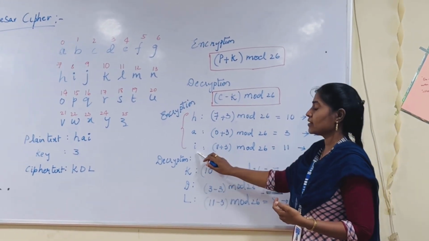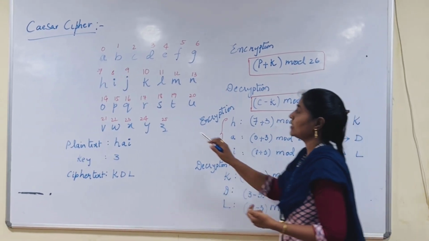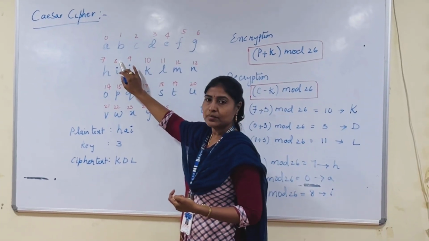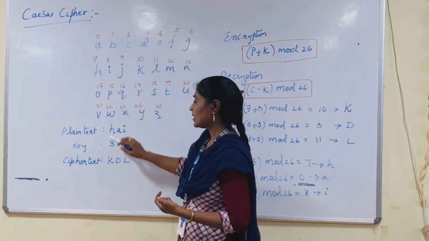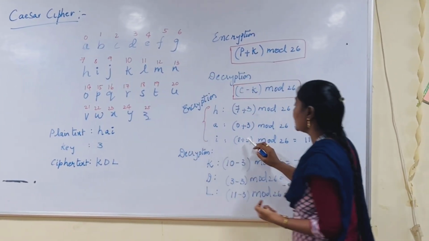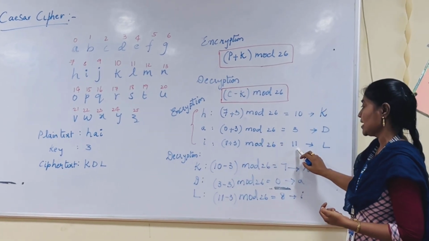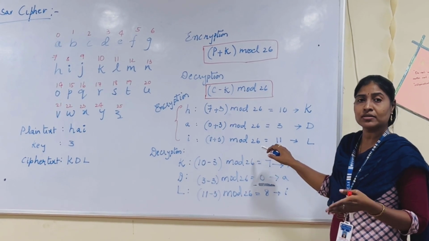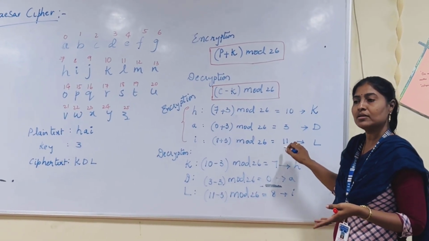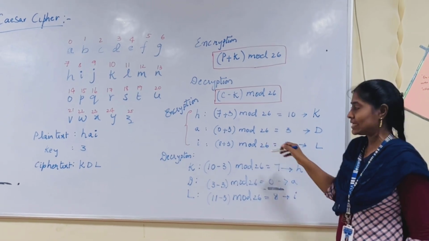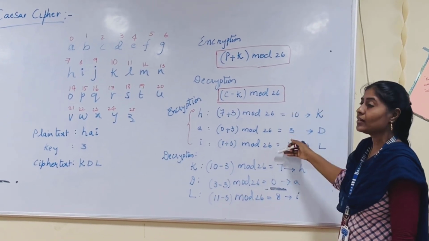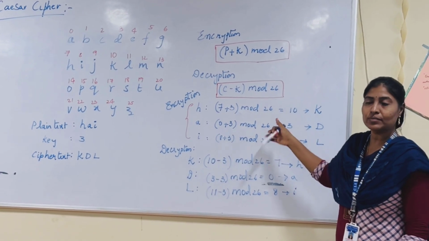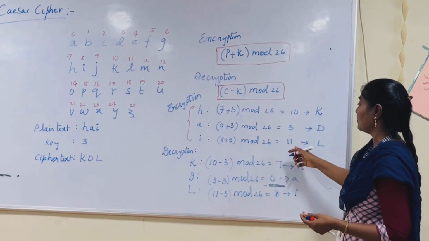The next character is I. Now for the letter I, the number given is 8 and the key value is 3. So perform the addition operation and the result is 11. Perform the modular division operation for 11 with 26. As 11, 3, 10 are all numbers smaller than 26, obviously the remainders come to these numbers.